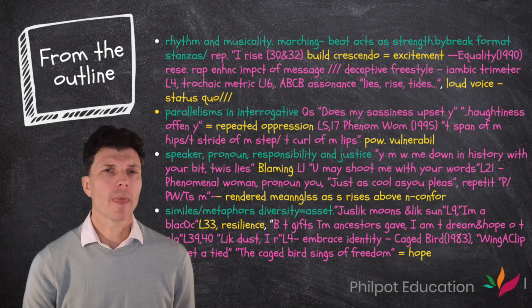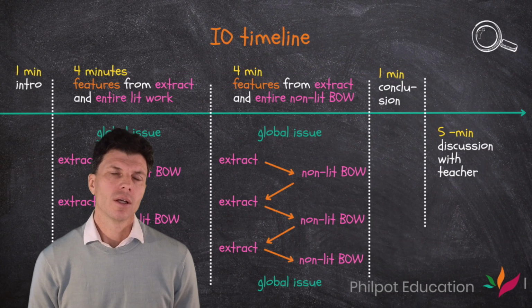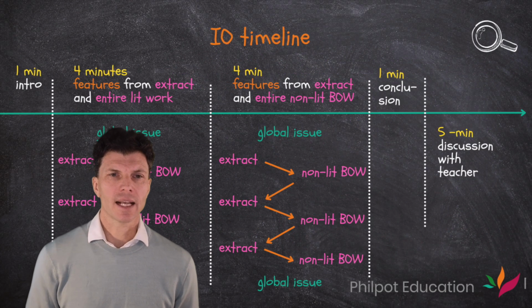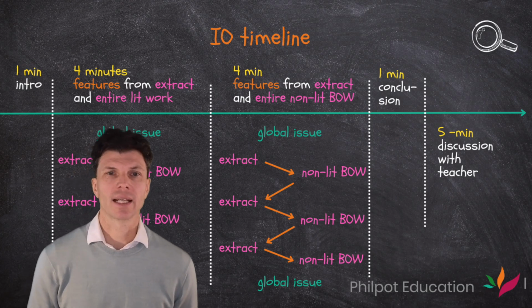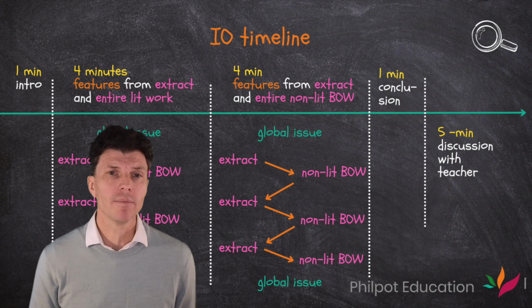Okay, so again, I'm talking about kind of a zigzag approach where you're going back and forth between the extract and the rest of the work, extract and the rest of the work. I just did it in the case of a literary work with poetry, works really well.